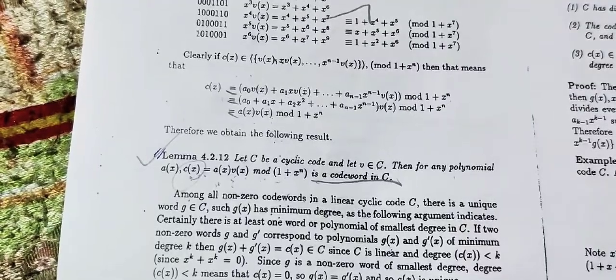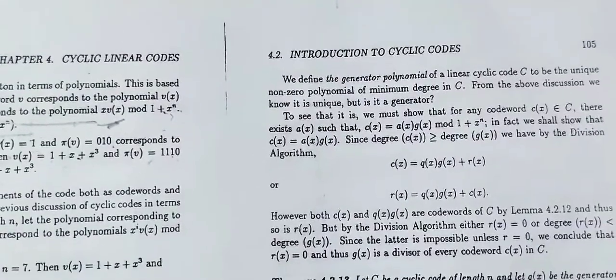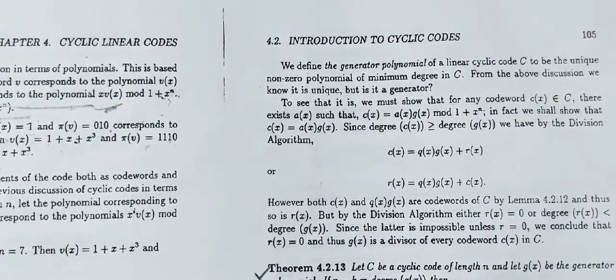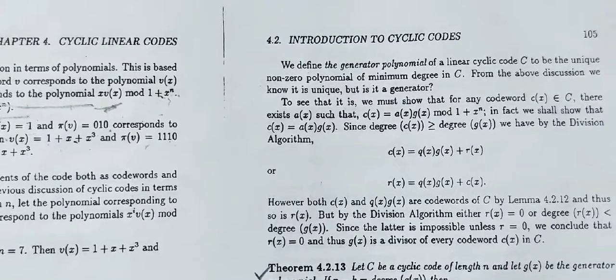Next, we define the generating polynomial. Suppose C is a linear code and v is a code word in C. This is the generator of C. If it is a generator, we can construct a set S. S is v, pi of v, pi square of v, etc., pi raised to n minus 1 of v.